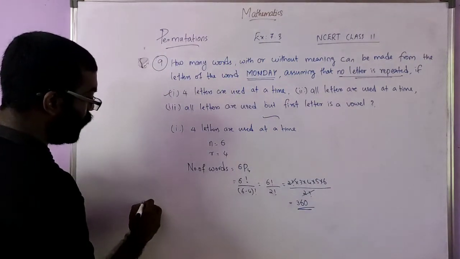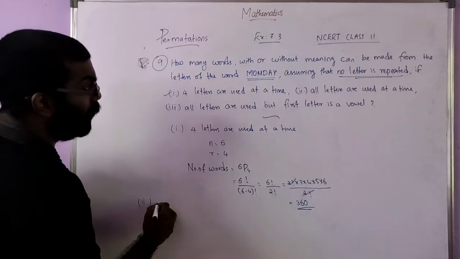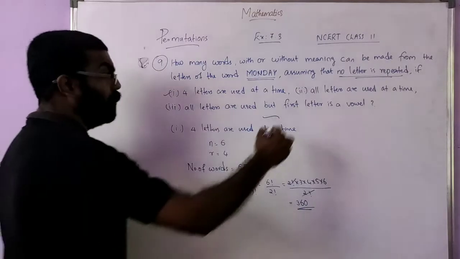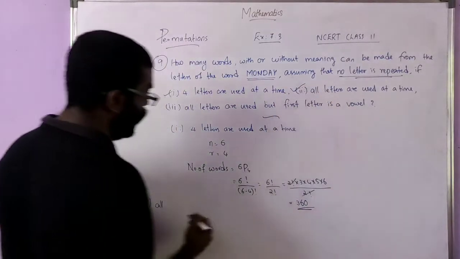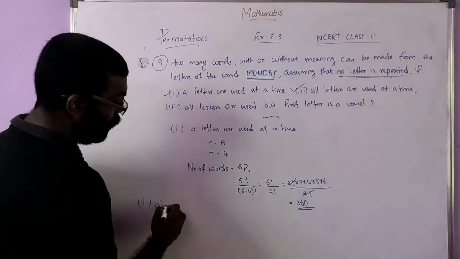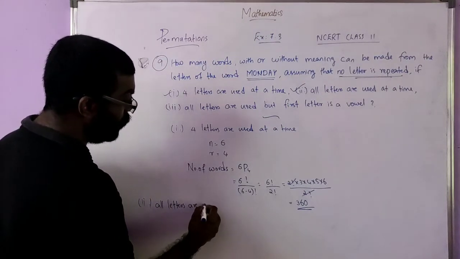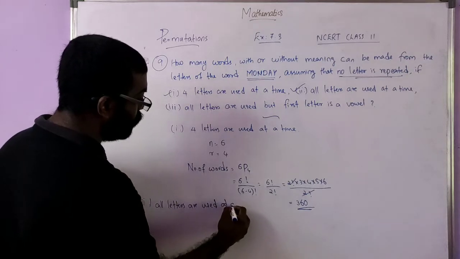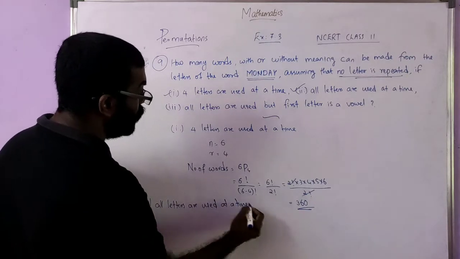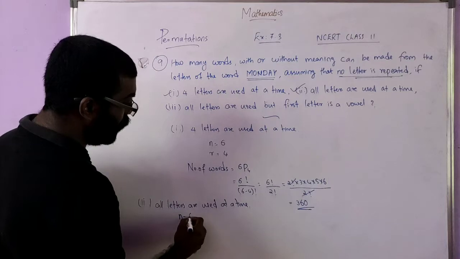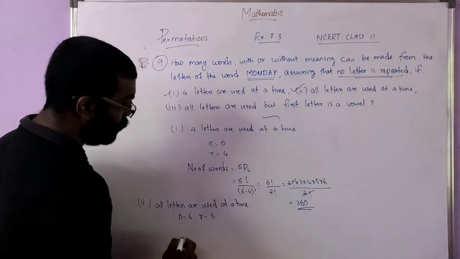And for the second part, all letters are used at a time. Here we have 6 letters and we have to use all the 6 letters. So we can write n is equal to 6 and r is equal to 6.